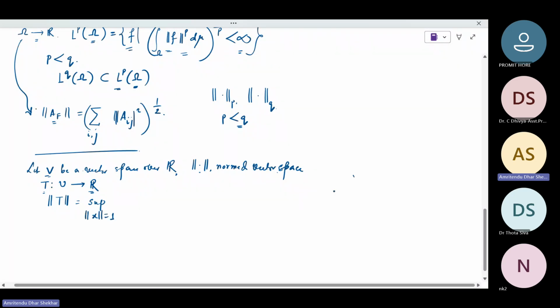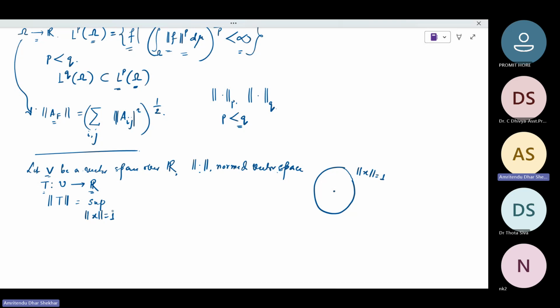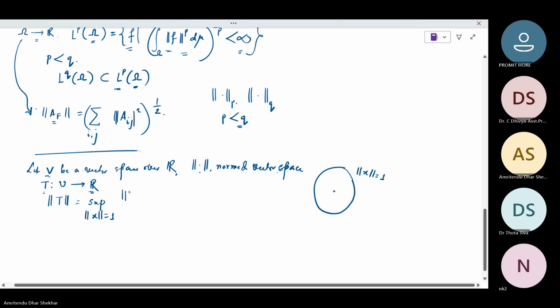To draw a quick picture, if this is the unit sphere in that space, you vary x over all the points on this unit sphere, and you compute this thing. This is known as the matrix norm or operator norm.